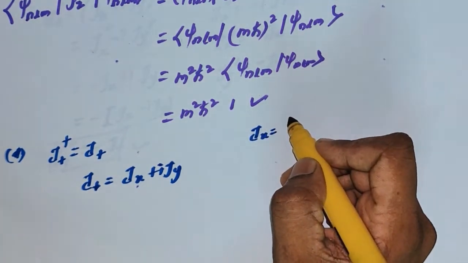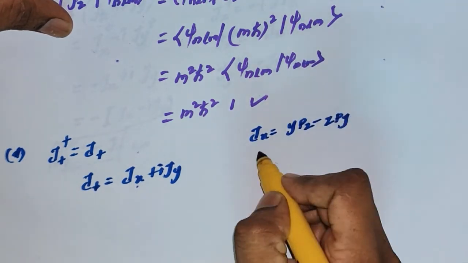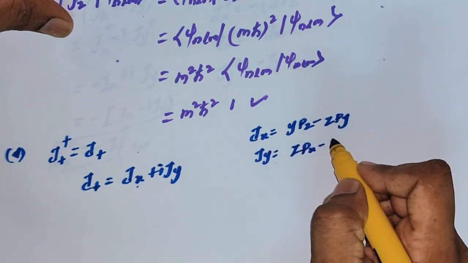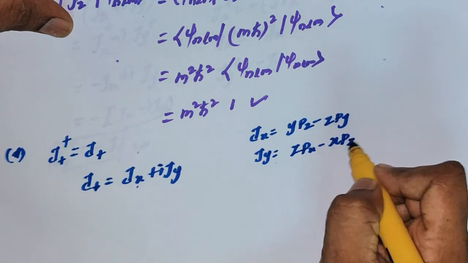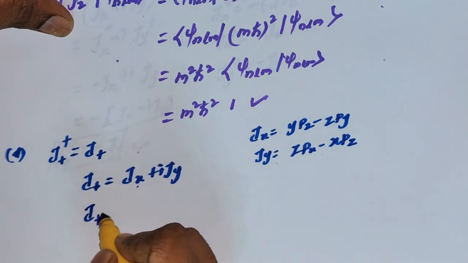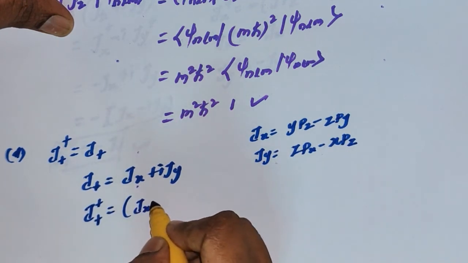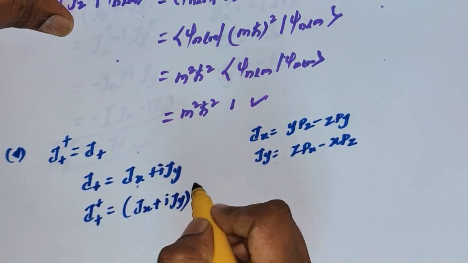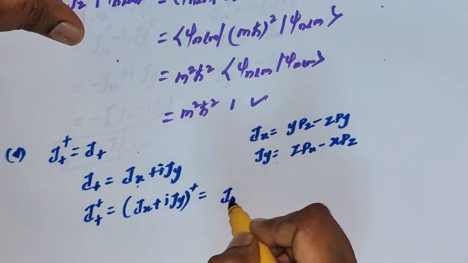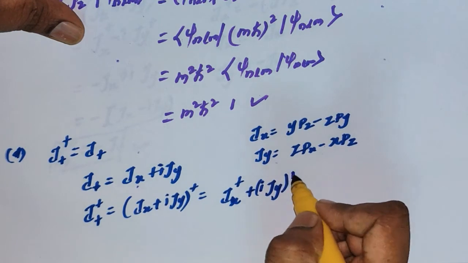The Jx operator involves y pz minus z py, and the Jy operator is z px minus x pz. So these are the Jx and Jy operators. If you want to take the Hermitian conjugate of the rising operator, you need to take it on the right-hand side also: Jx plus i Jy, dagger. This implies Jx dagger plus i Jy dagger.